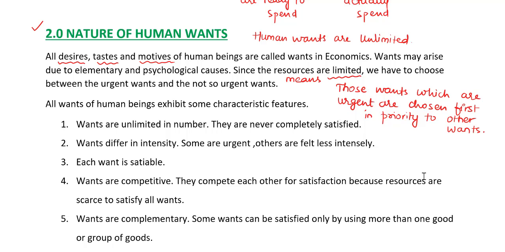I believe you must have understood till here. So all wants of human beings exhibit some characteristic features. The first feature of human wants is that wants are unlimited in number and they are never completely satisfied. Mark this, never completely satisfied.